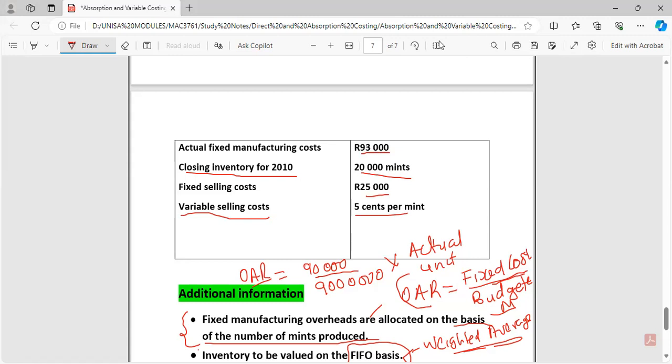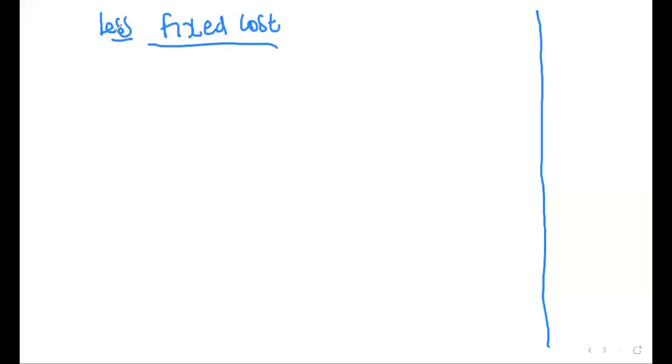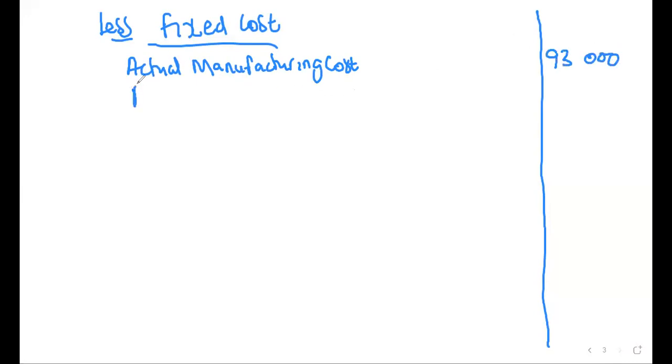So we have the fixed manufacturing cost, which is 93,000, and you have the fixed selling cost, which is 25,000.